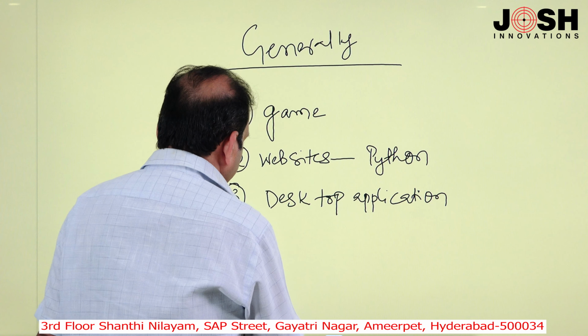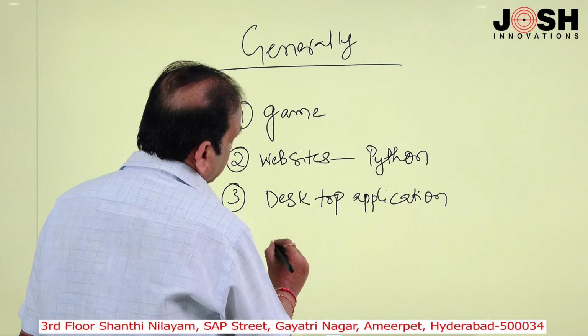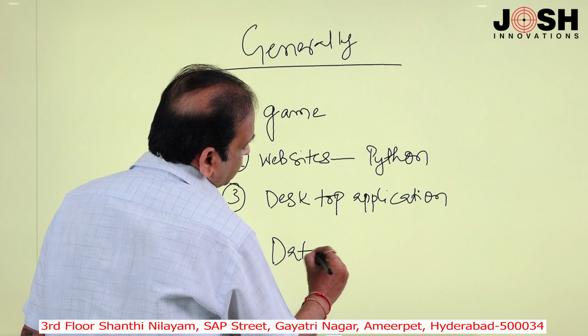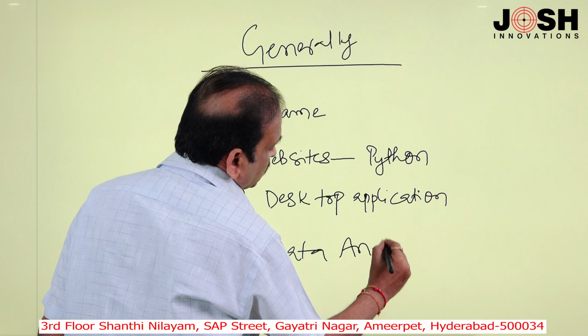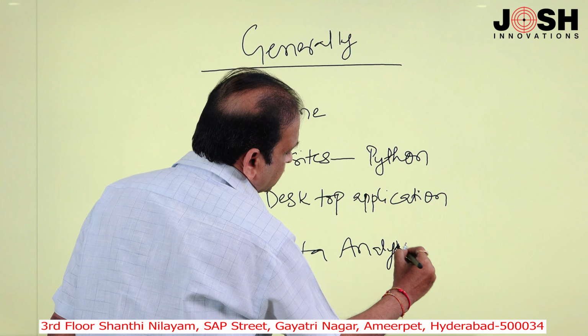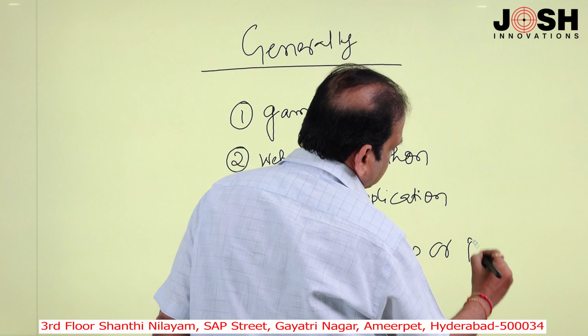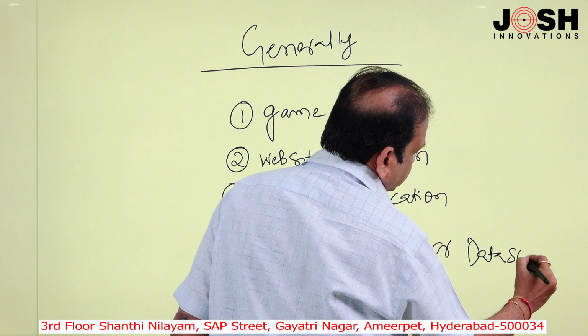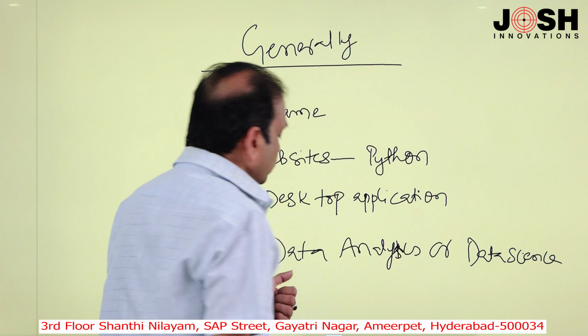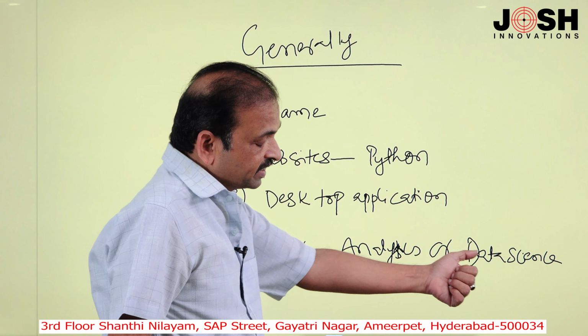Not only desktop applications, with Python we can even analyze data. We can go for data analytics or data science. By using Python, we can develop data analytics and data science projects.